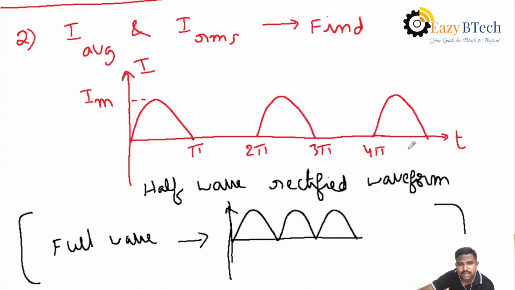In the given waveform we have only pi here. After pi there is no waveform shape, that is 0 value. That's why from 0 to pi it is a sine waveform, and from pi to 2 pi it is value 0.